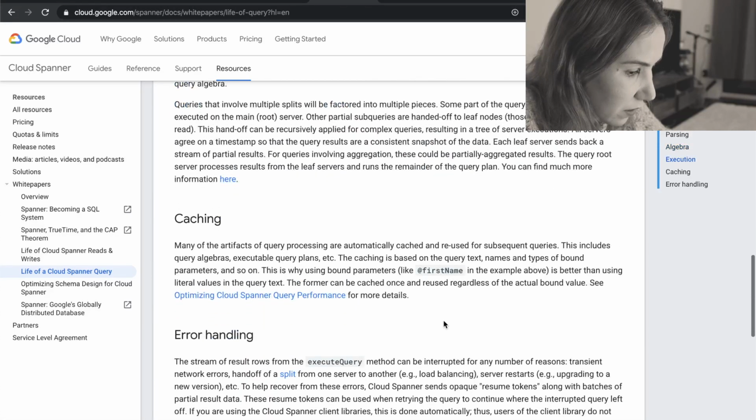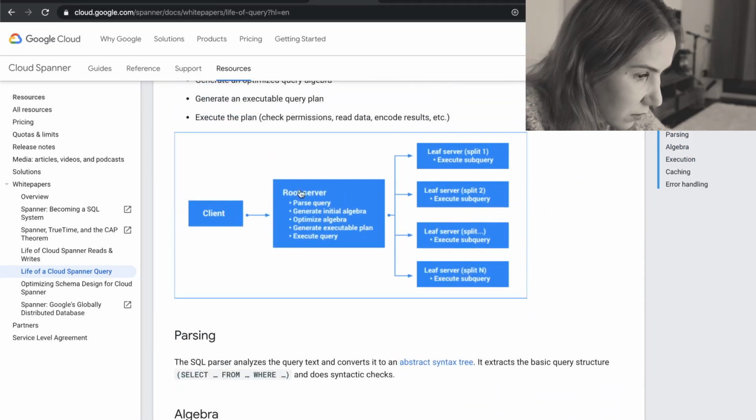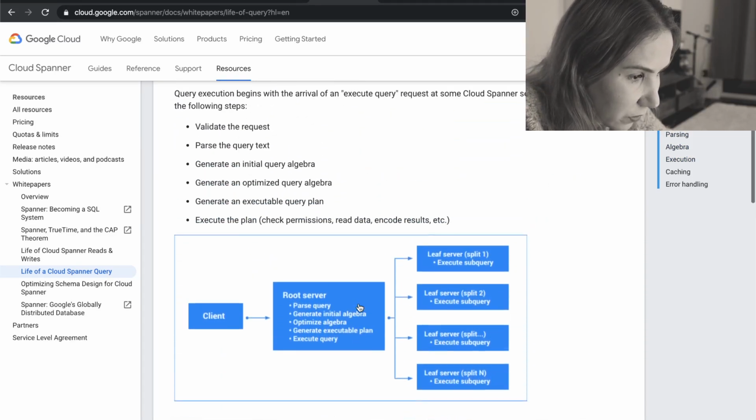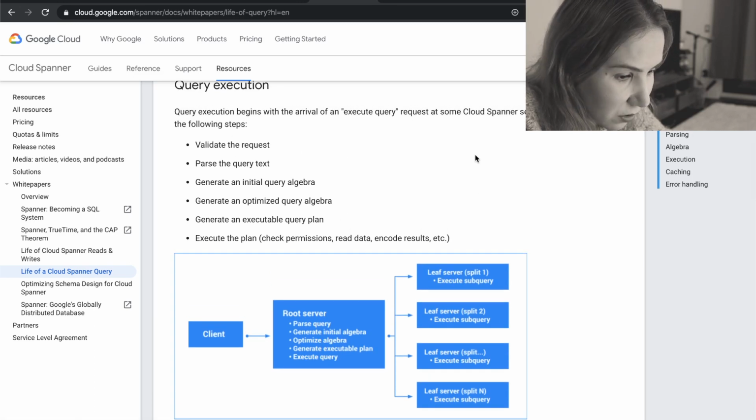I can maybe write more about this type of stuff, like what's going on in this life of a query, because this is a very high-level explanation.